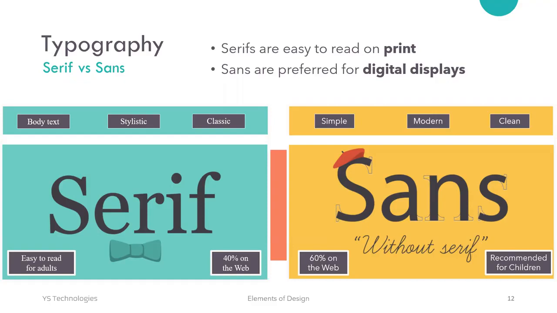What is interesting is that while serif fonts were created to make reading easier in print for adults, sans type fonts are recommended for children because the letters are simple. The brain doesn't need to spend more time processing them.